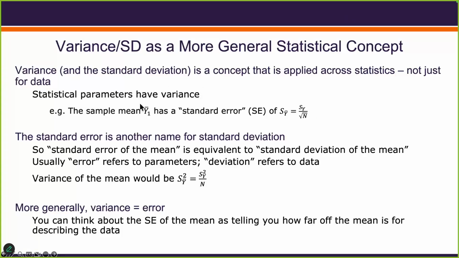What that really indicates is that the standard deviation or variance of your data talks about how far each observation is from its mean. But in a statistical sense, for a parameter like the mean itself, its standard error talks about how much variation the mean might have based on the sample that you have, right?